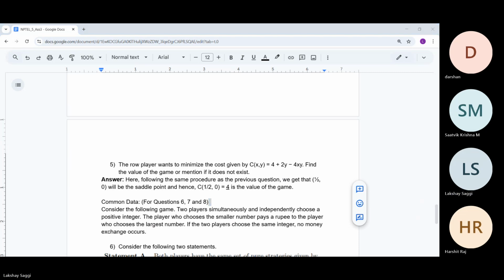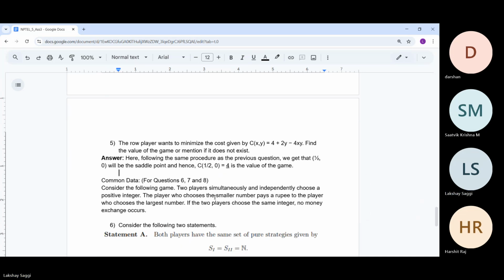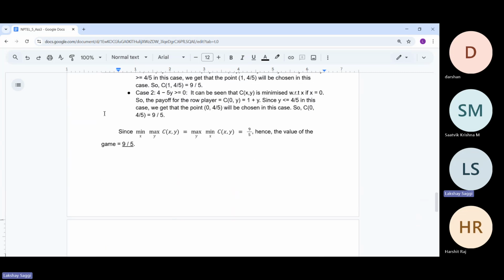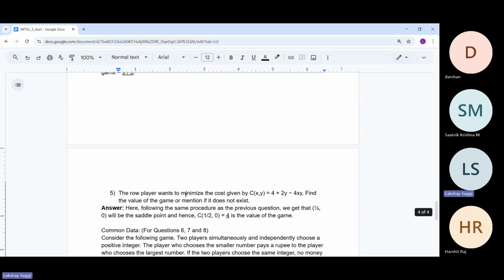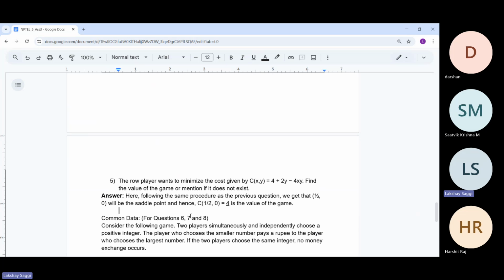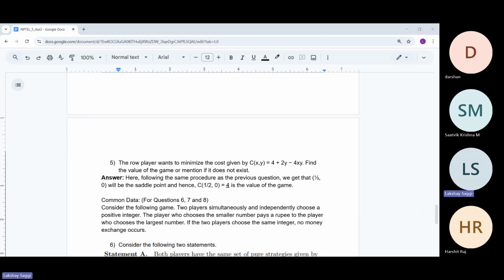Right. So I hope it is clear to everyone what the value will be. So actually both of these have values, and one of these has 9/5 and the other has 4. Okay then. So I hope it's clear to everyone. If it is not, feel free to ask in chat and I'll try to explain again.